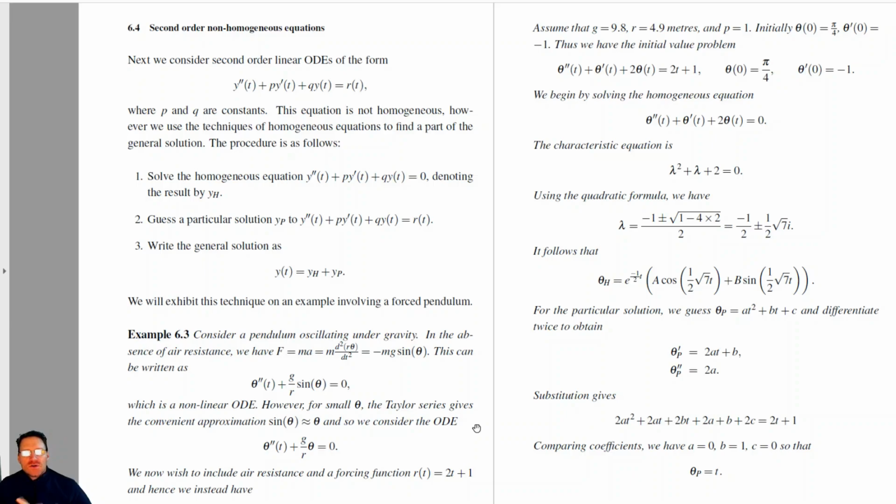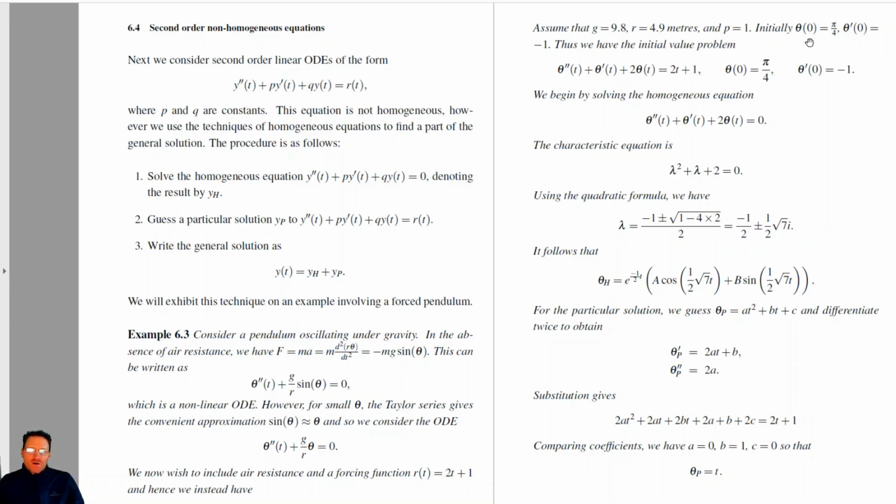Now we want to include air resistance in the calculation, so we have a forcing function which we'll replace the 0 on the right hand side with, say, 2t plus 1, for example. That gives us a new equation that looks something like this. Now assume that we've got 9.8 for gravity, 4.9 meters as the length of our pendulum stick, and p equals 1.